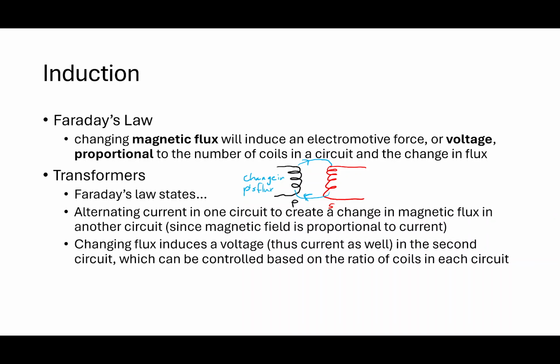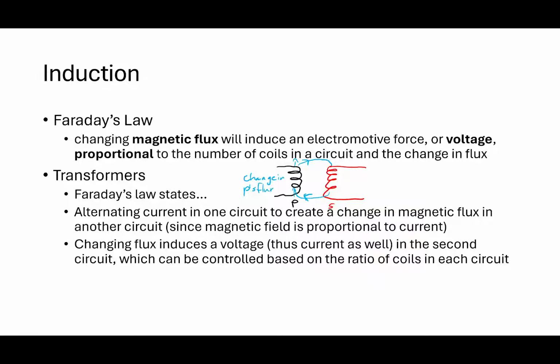S will have a magnetic field going through it, because the magnetic field of a solenoid wraps radially around it. So the magnetic field goes up and into the solenoid, but it also wraps around it in layers like an onion.